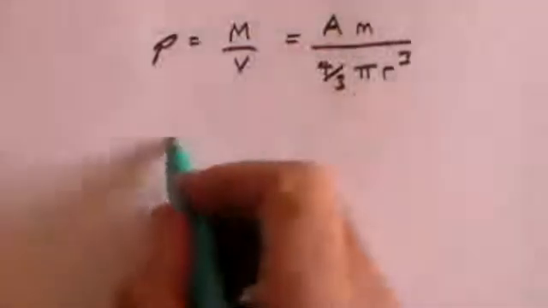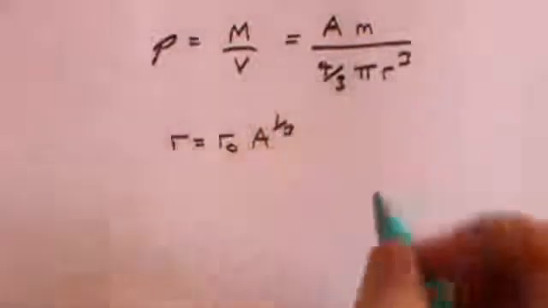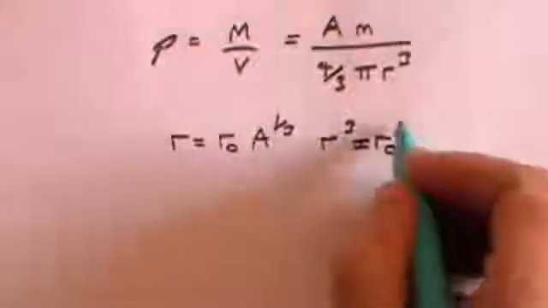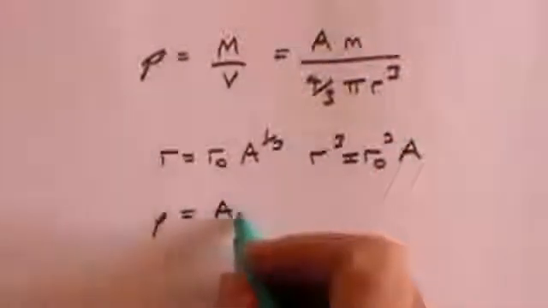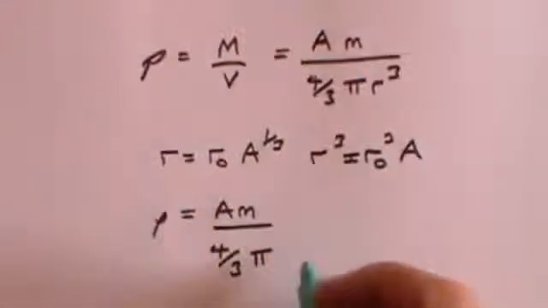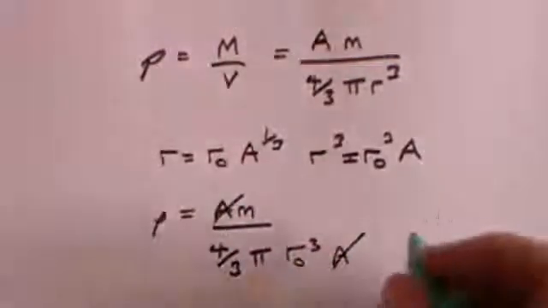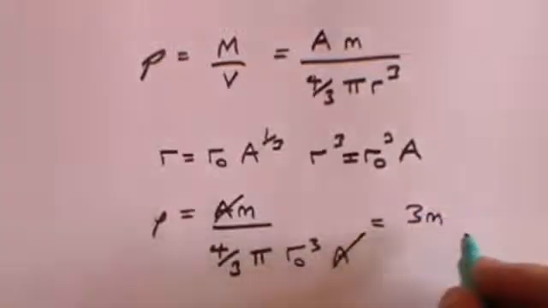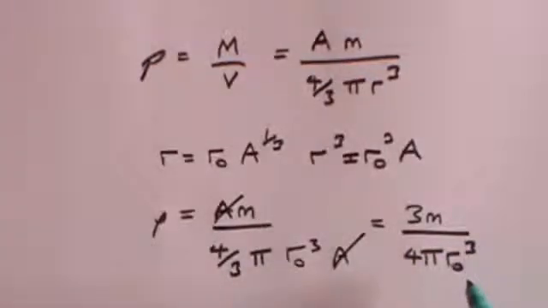And we've just said that the radius of the nucleus is equal to R0, which is a constant, times A to the 1/3, which means that an r cubed term would be equal to R0 cubed times A, because A to the 1/3 cubed is A. And so we can say that rho is equal to A m divided by 4/3 pi, and then instead of r cubed, we're going to use this term here, R0 cubed times A. The A's cancel, and if you simplify that, you simply get 3m divided by 4 pi R0 cubed, where R0, remember, is the constant.